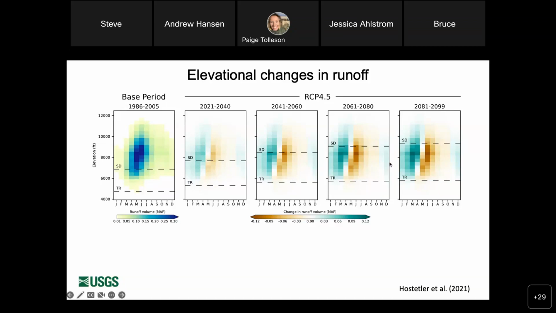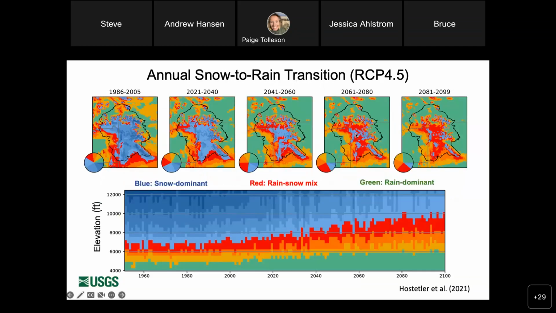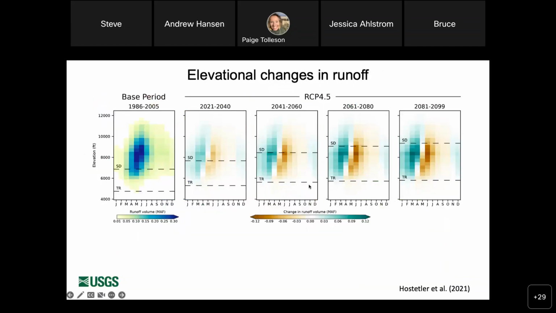And by the end of the century, there's a substantial shift, and you can see that we've lost all this runoff that's occurring at around 8,000 feet in the summer, and it's now occurring in the winter and early spring because we've shifted the transition from snow to rain.